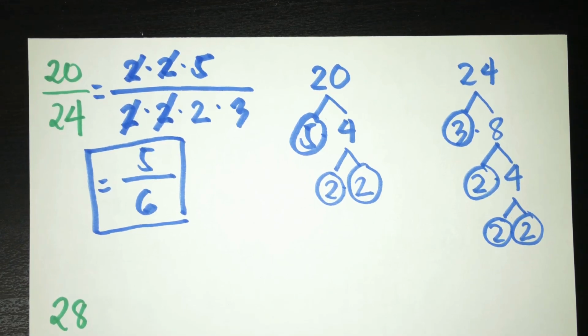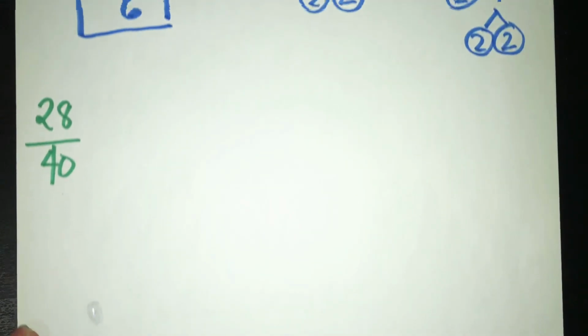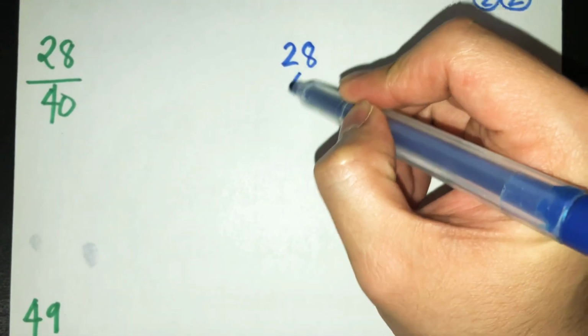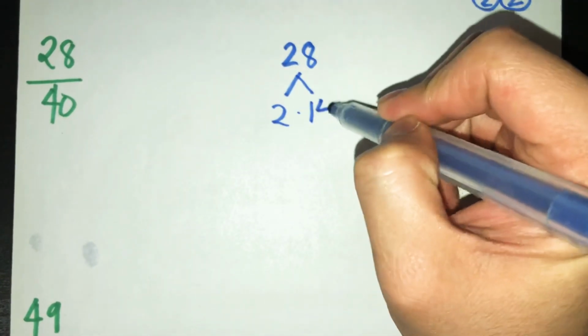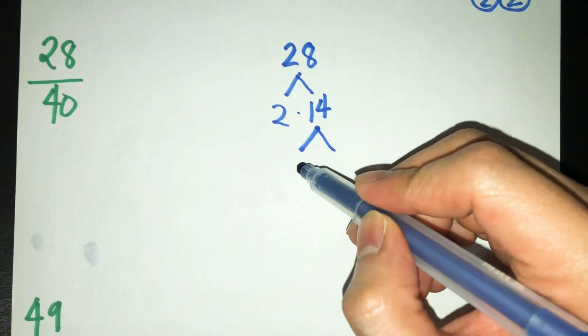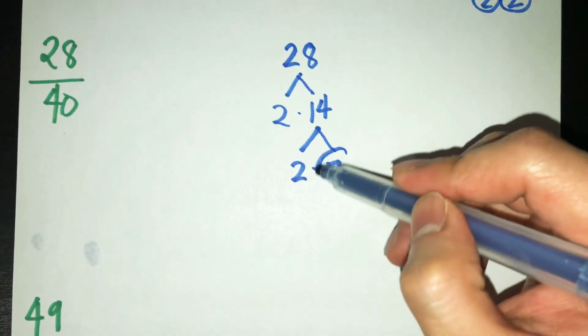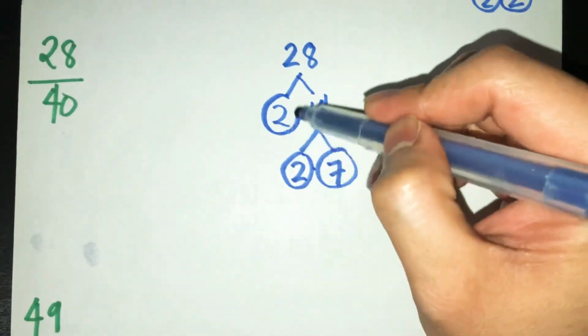Now another example, 28 over 40. Try to do this again on your own. Pause the video, then check if your answer is the same as mine. Now how to solve this one? We have 28, then 2 times 14, and 14 is 2 times 7. 7, 2, and 2 are already prime numbers.